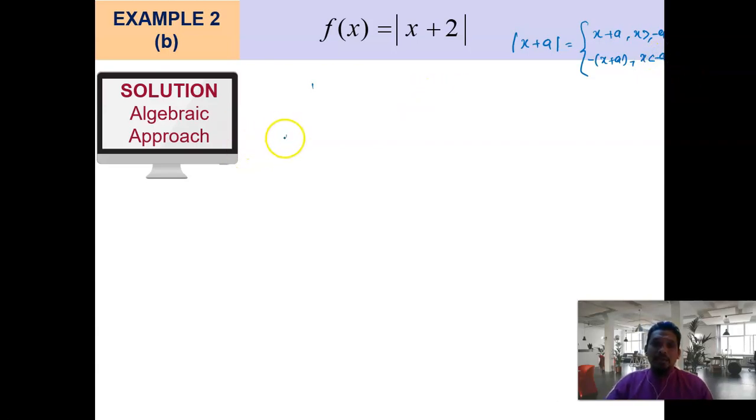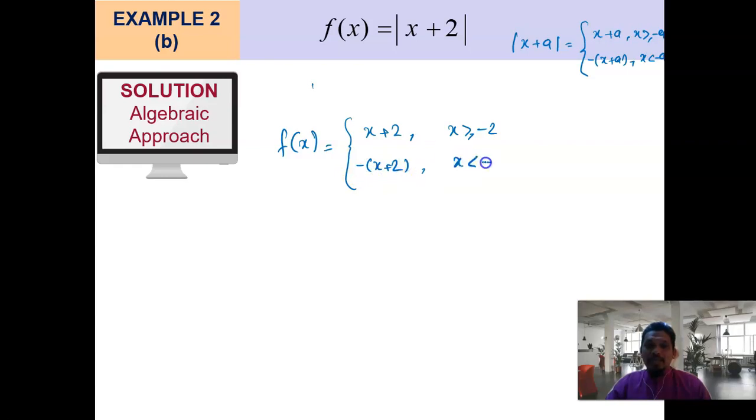So from here, for this one, f(x) equals, we divide into two definitions: x plus 2 for x greater than or equal to negative 2, and negative x plus 2 for x less than negative 2.